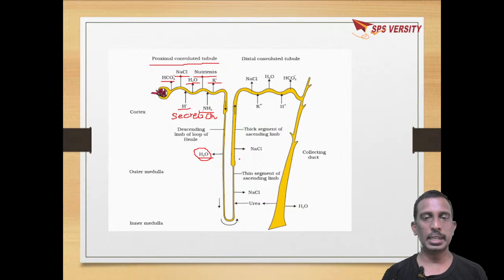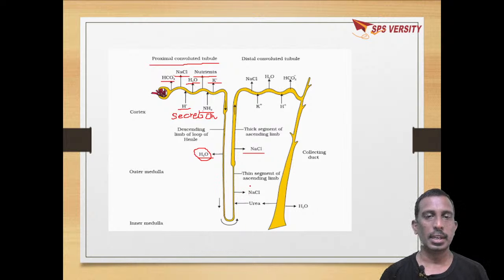Whereas when you come to the ascending limb of the loop of Henle, there is reabsorption of sodium chloride. In this descending and ascending limb, if you observe carefully, there is a thick segment as well as a thin segment.